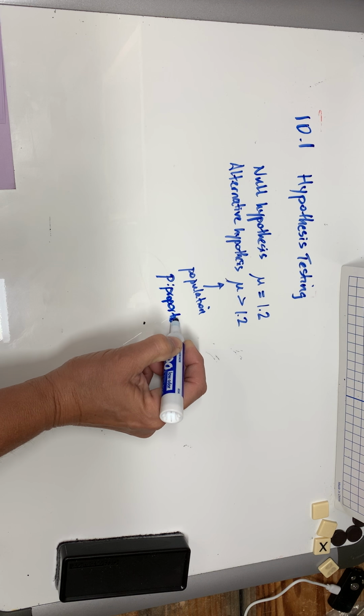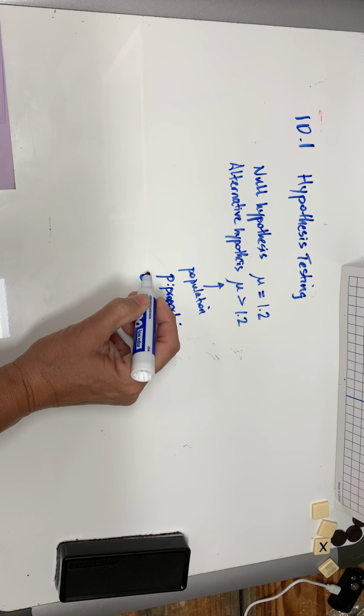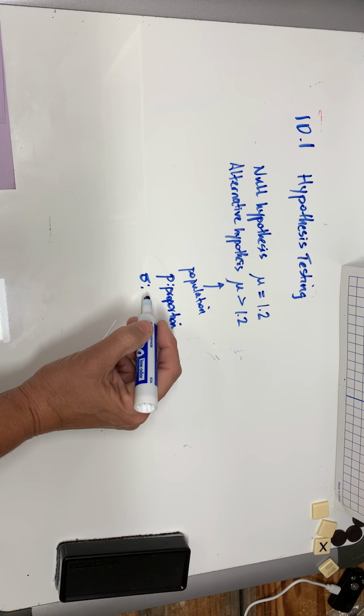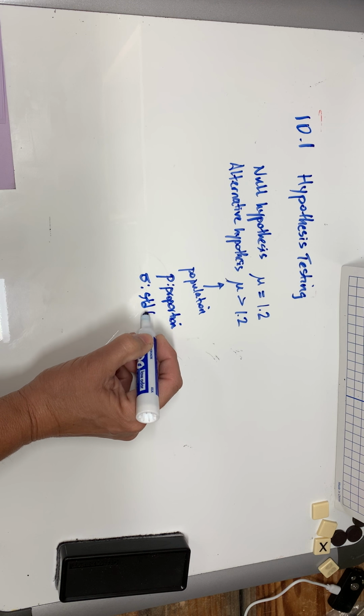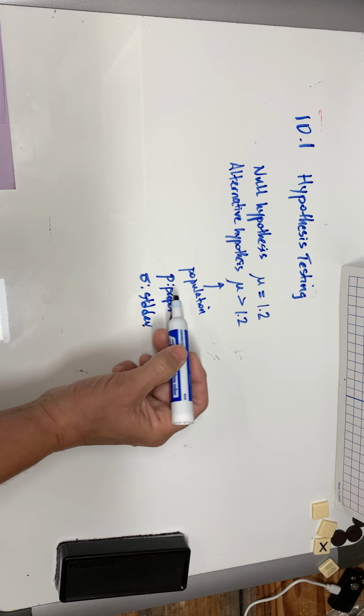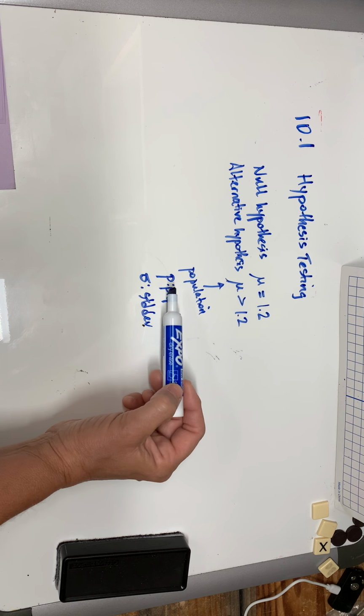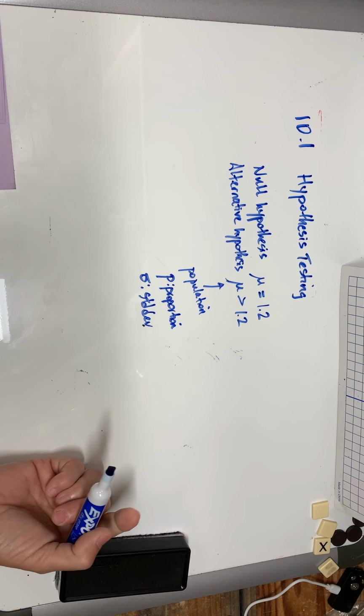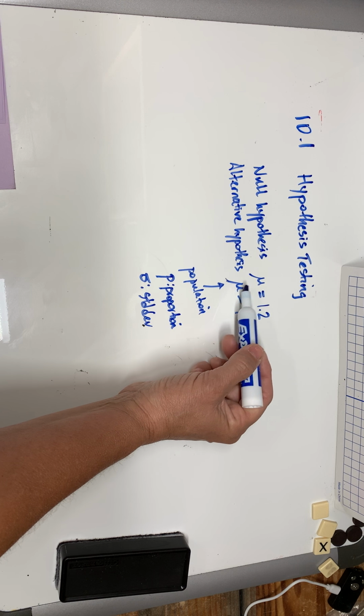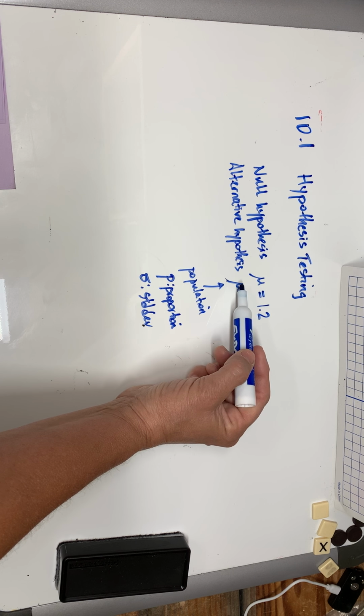You also could have had a sigma for standard deviation. Okay, so you've got to decide based off the narrative, are they talking about a mean, a proportion, or standard deviation? Once you determine that, it's going to be the same in both cases.